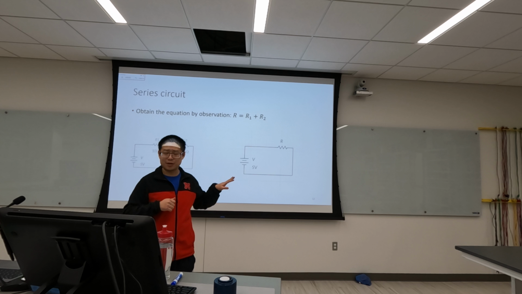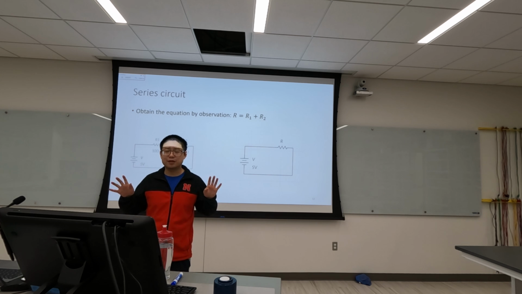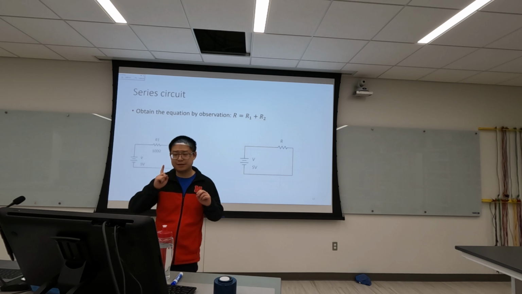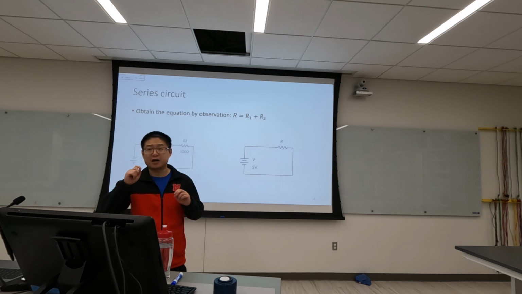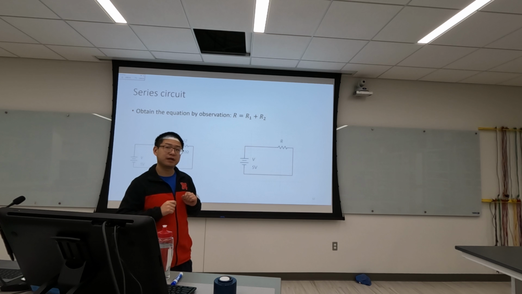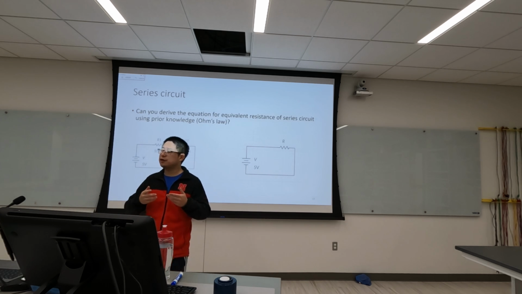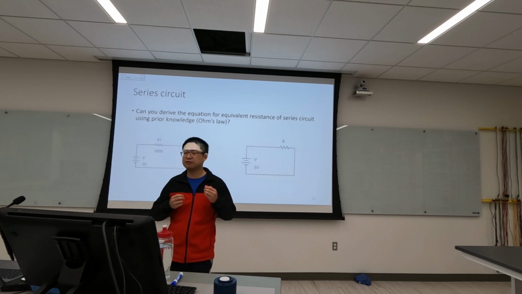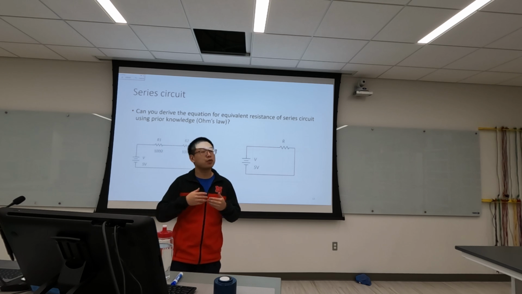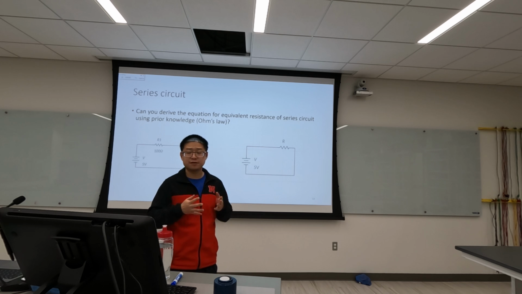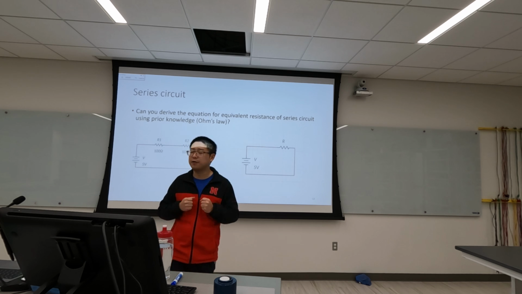So this is the original circuit. The equivalent circuit will use one resistor, and the resistance equals R1 plus R2 by observation. So can you derive the equation for the equivalent resistance of series circuit using prior knowledge, which is Ohm's law and KVL?